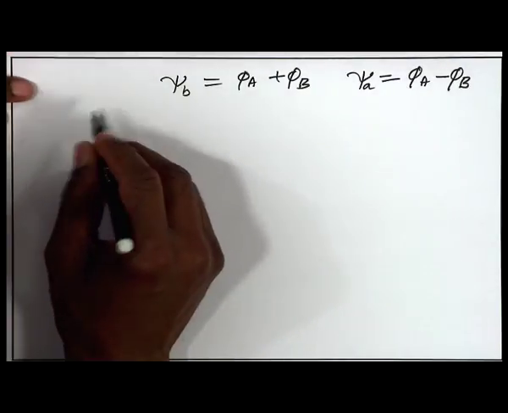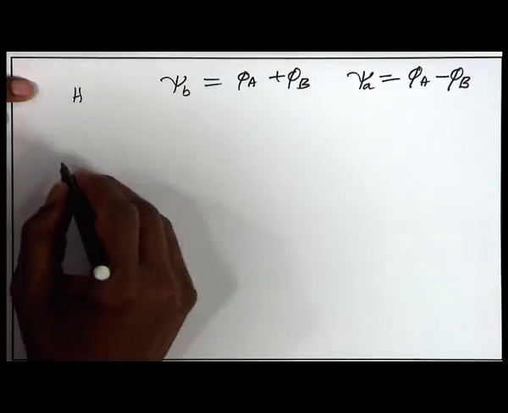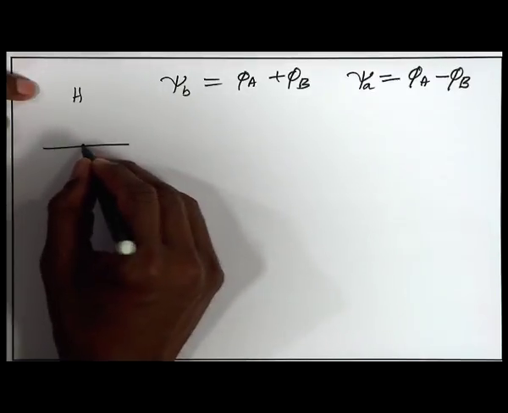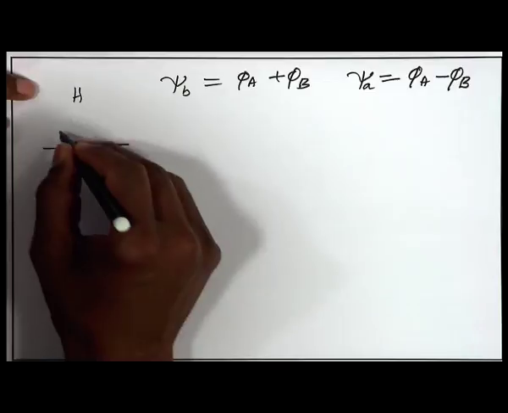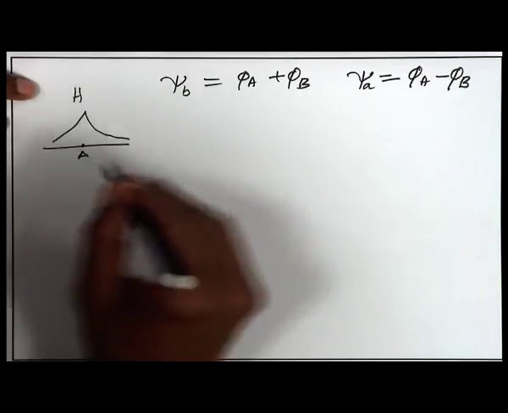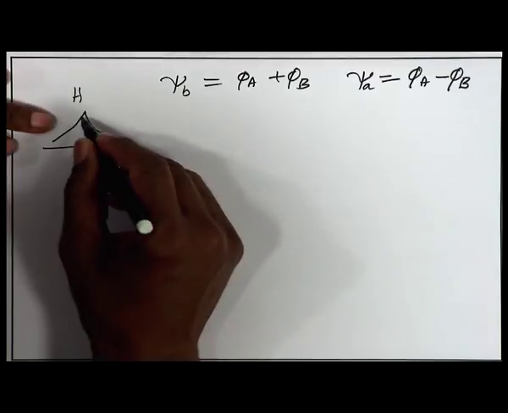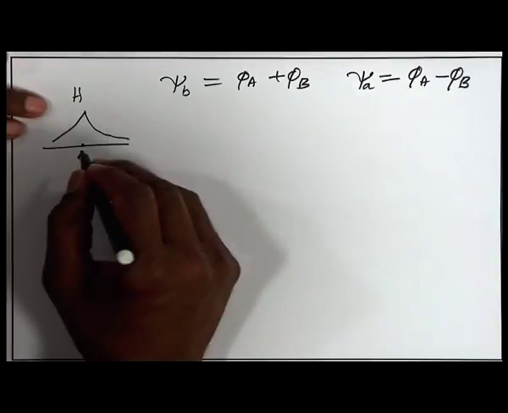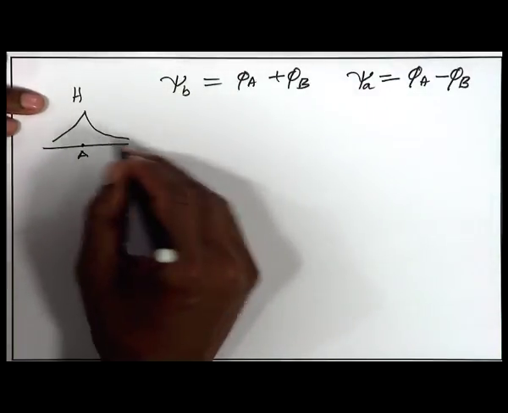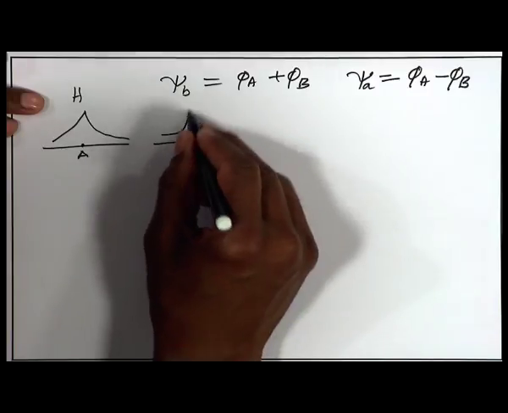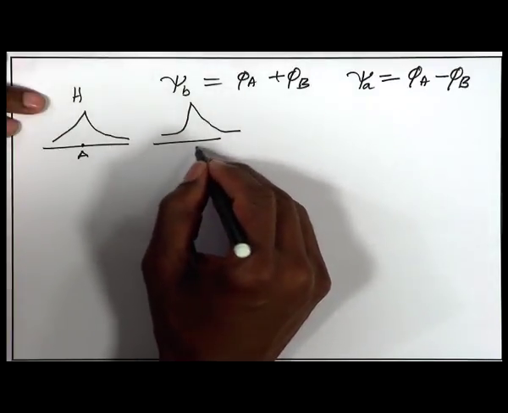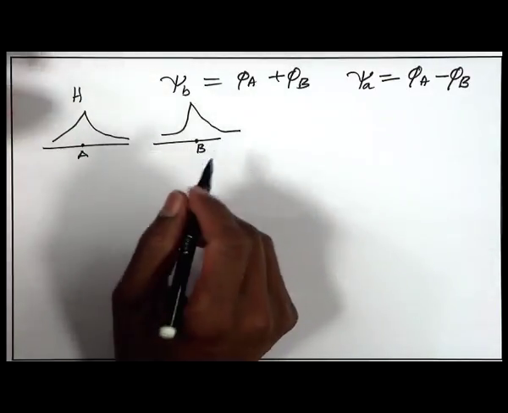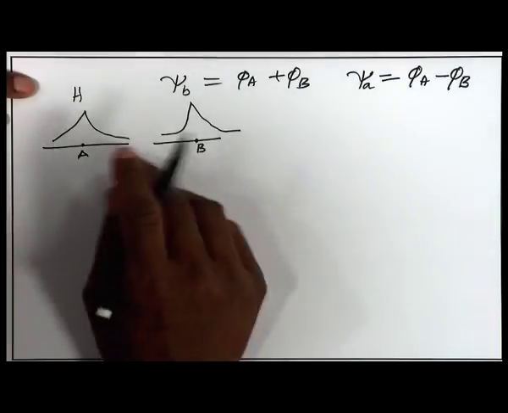Now, you have studied for the hydrogen atom that the probability function for electrons looks like this. Suppose this is hydrogen atom A, and its probability density function is given like that. Similarly, that atom A is approached by atom B, which also has the same electron density, probability density function. When they approach each other, there are two possible ways.